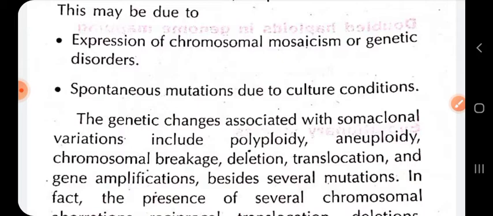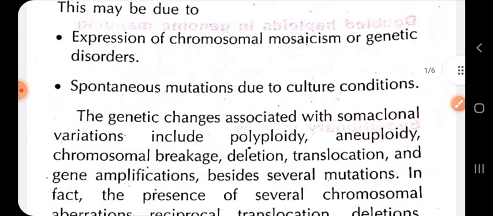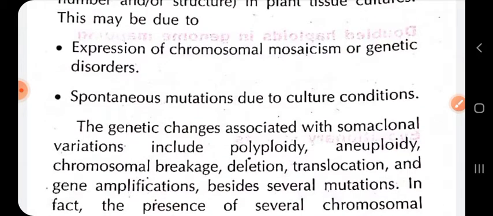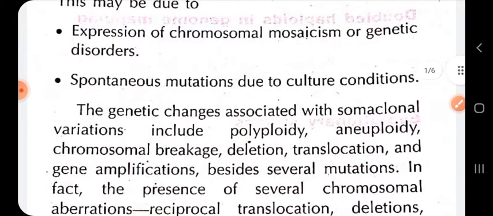Endo-reduplication means duplication will occur, but cell division will not occur. So duplication of the DNA will occur, the S phase will occur, but the M phase or mitosis phase will not occur. Due to this, chromosomes having 4 chromatids or 8 chromatids are formed. That means a polytene-like condition will occur. This type of event can also lead to somaclonal variation.